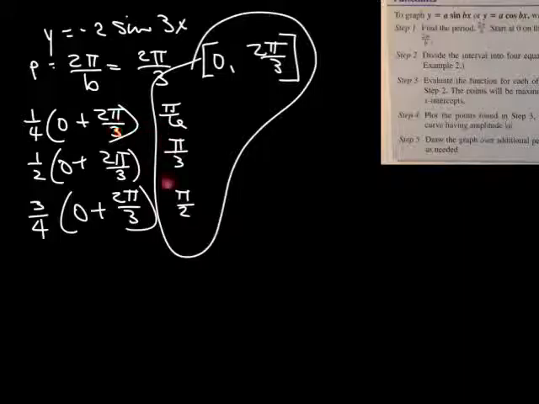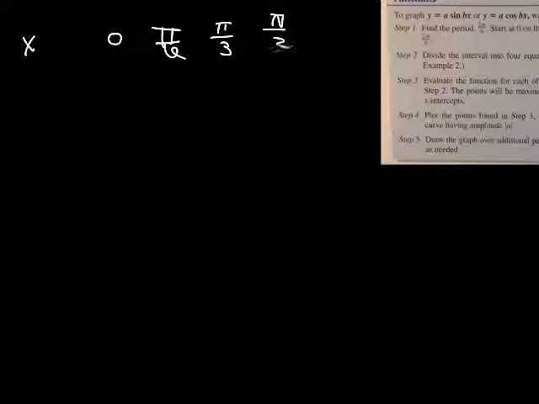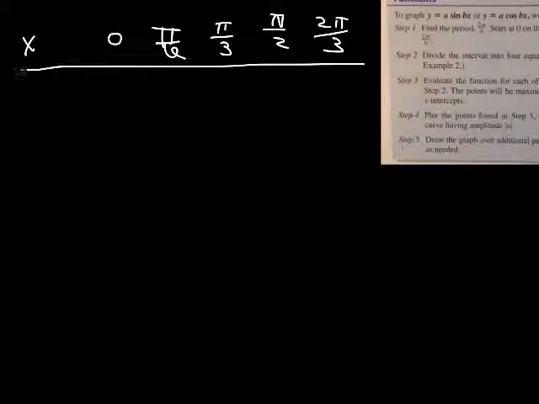So I'm going to get rid of all of this, but remember, these are going to be our x values. So I'll just redo those here. Our x values, we said, were 0, pi over 6, pi over 3, pi over 2, and 2 pi over 3. Those are our x values.